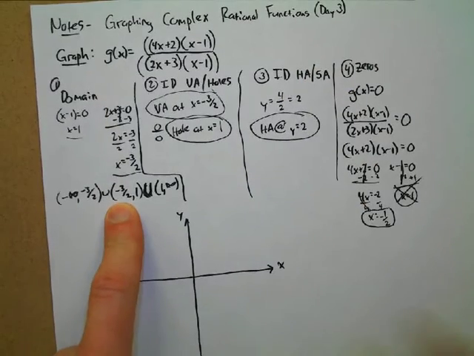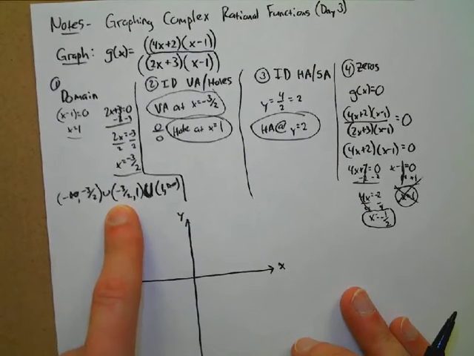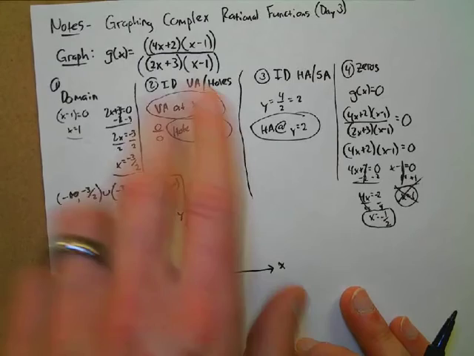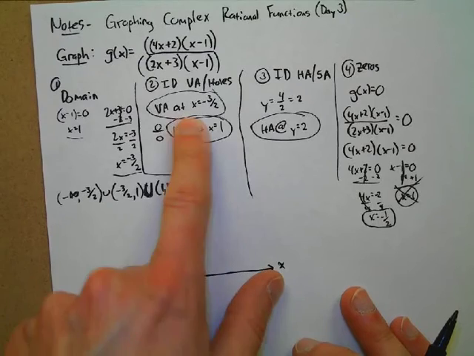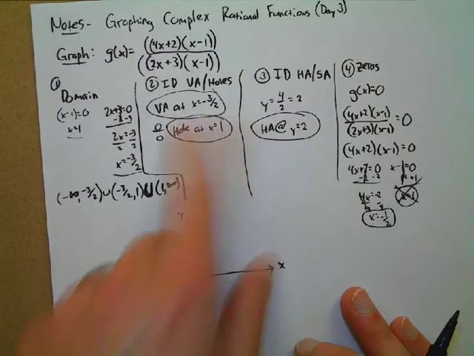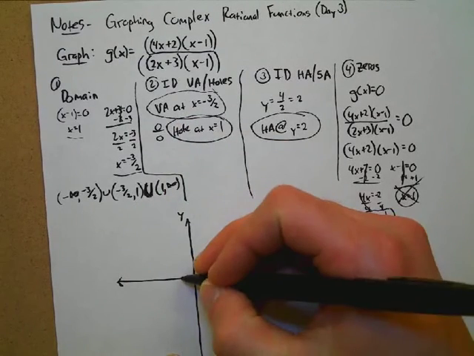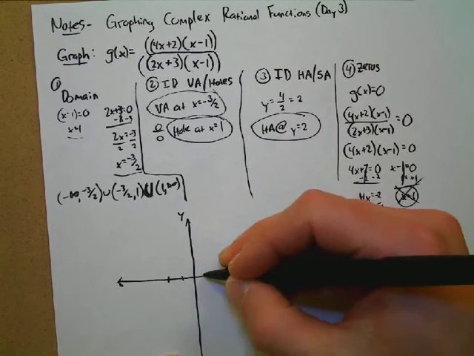It's going to show up in the graph, but we don't really graph it. We're going to use the vertical asymptote and the horizontal asymptote to help guide us here.